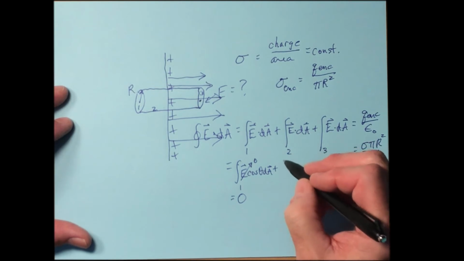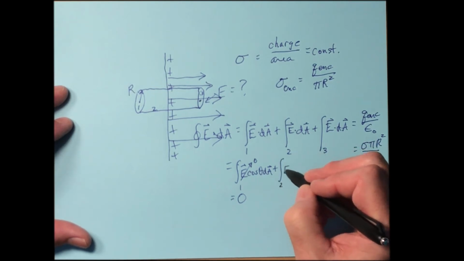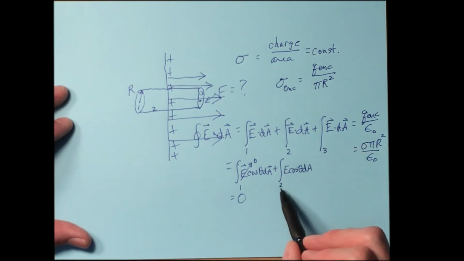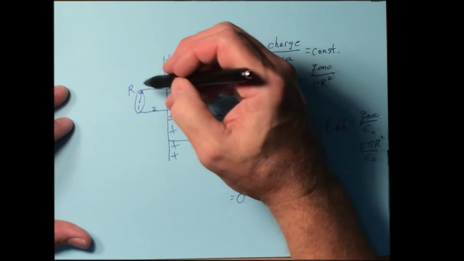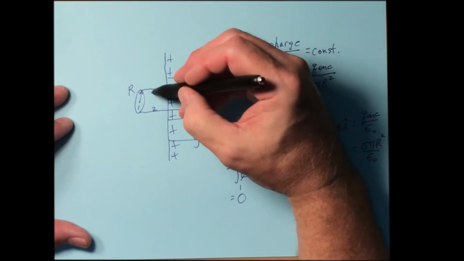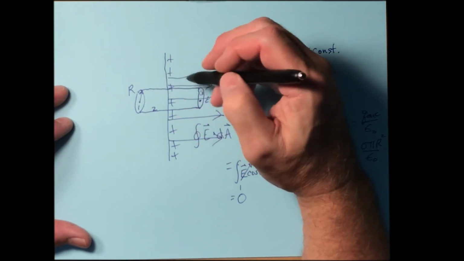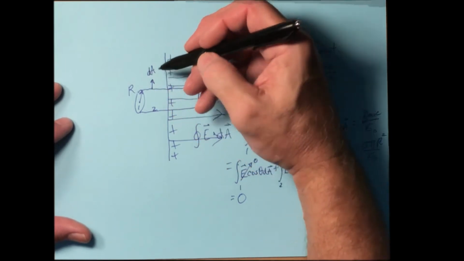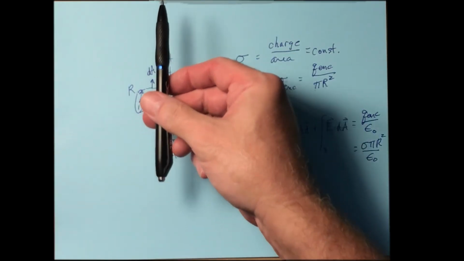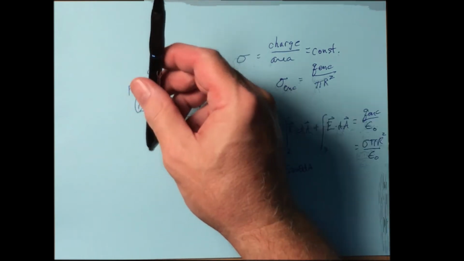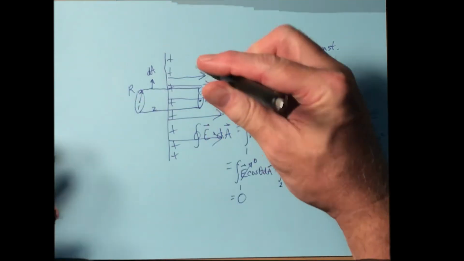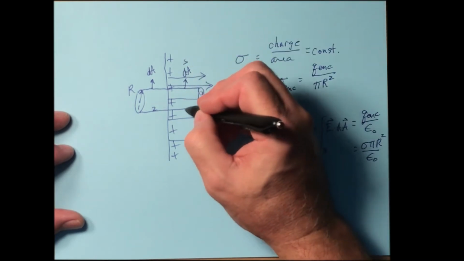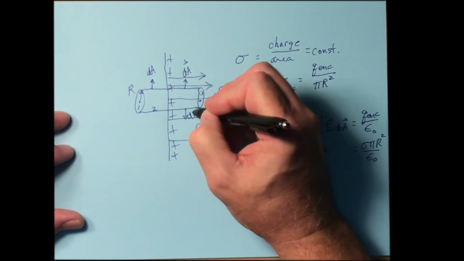What about the second integral? The integral over area 2 of E cosine theta dA. Remember this is area 2. And it doesn't matter for this example whether you're inside the conductor or outside the conductor. Your dA vectors point outward along the Pringles can. So some point in that direction, this way, that way. Regardless of whether you're inside or outside, your dA vectors point there. Down here at the bottom, dA vectors point there.